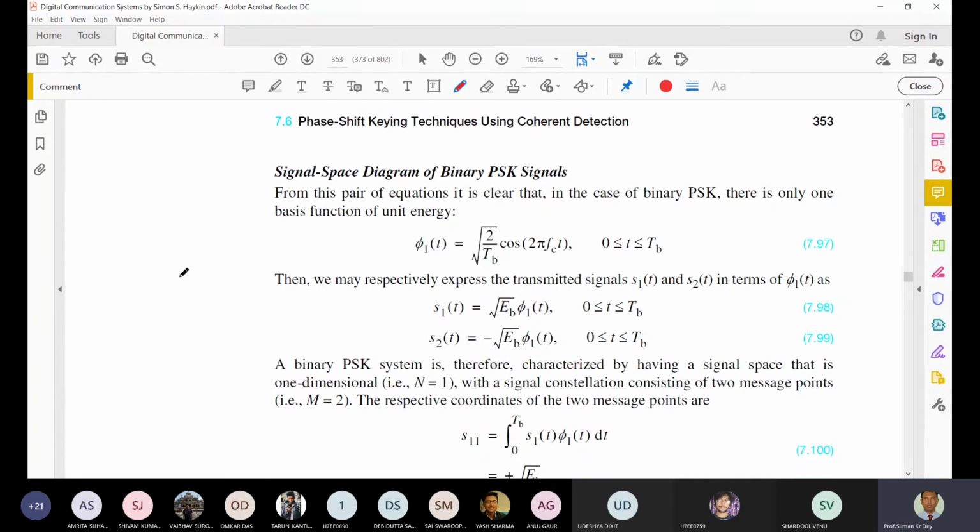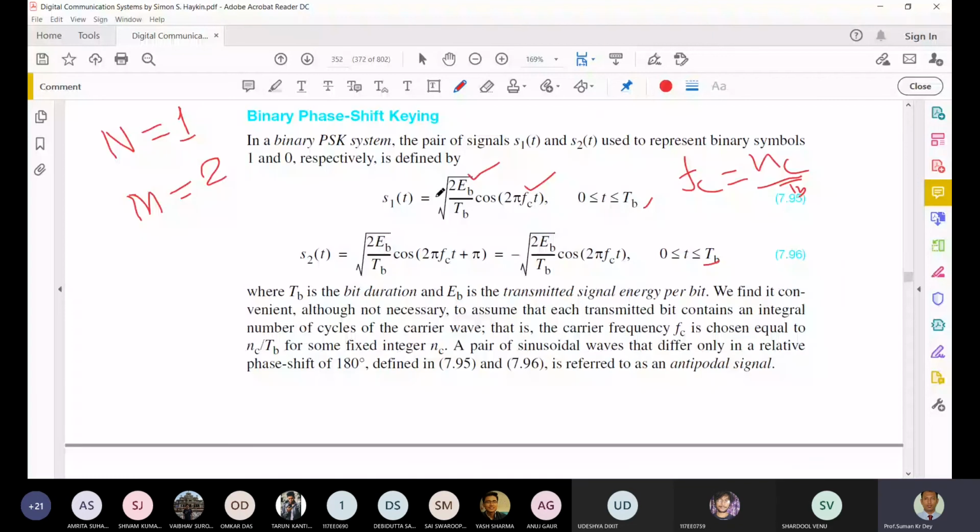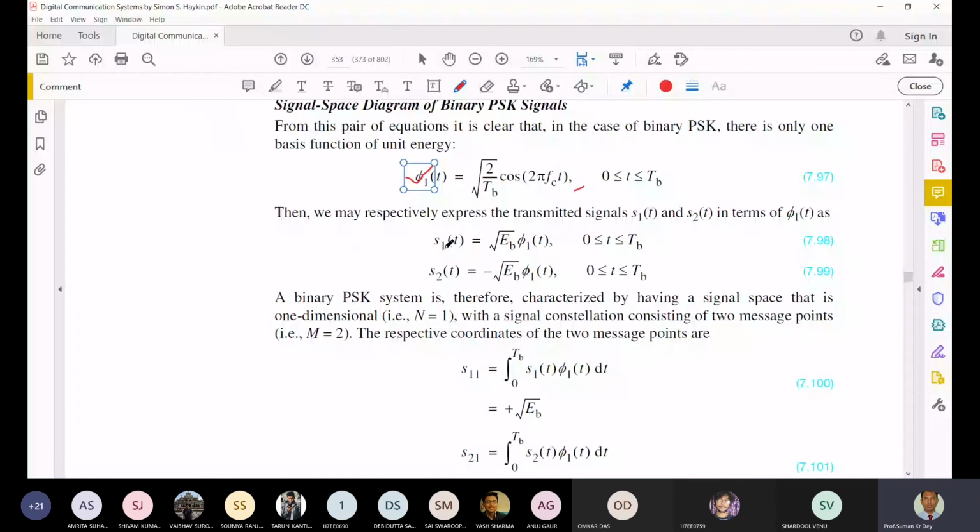As I said, there is only one basis function, phi 1 of t, defined as square root of 2 by TB cos(2 pi FC t). Now we can write S1(t) equals square root of EB times phi 1(t). So S1(t) is represented in terms of the basis function, which has unit energy.